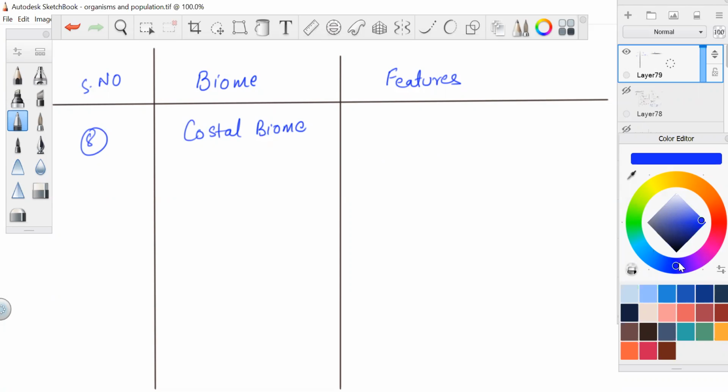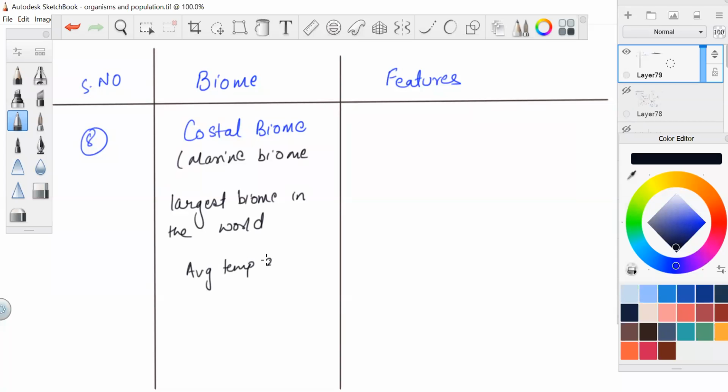You can also say marine biome, aquatic biome. Okay, so don't get confused if you get these terms. And this is the largest biome in the world. The climate varies. The average temperature is 39 degrees Celsius.